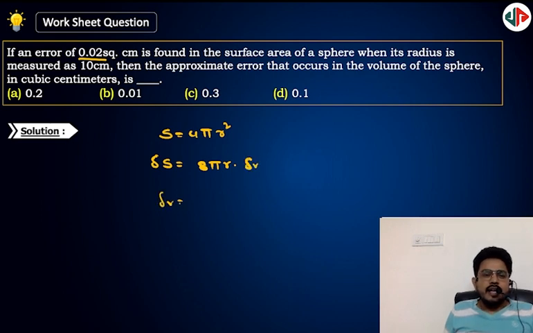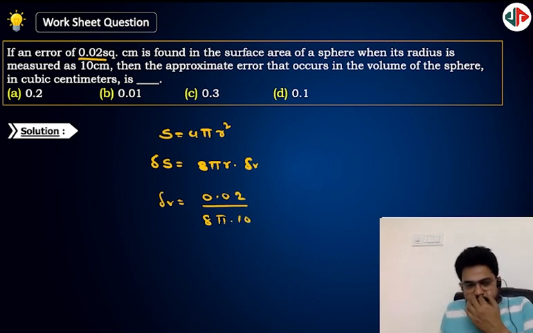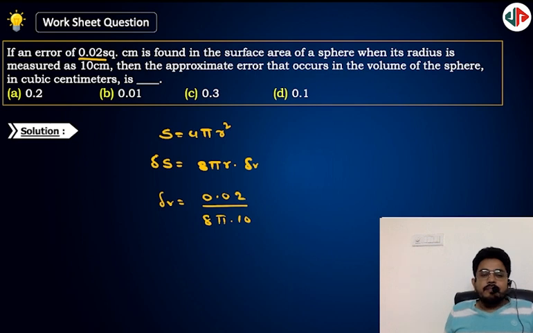So delta r is equal to 0.02 by 8 pi into r when r is 10. Okay. Now they are asking approximate error occur volume of the sphere.